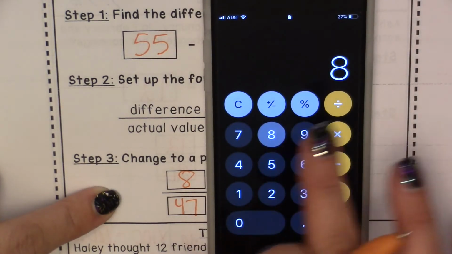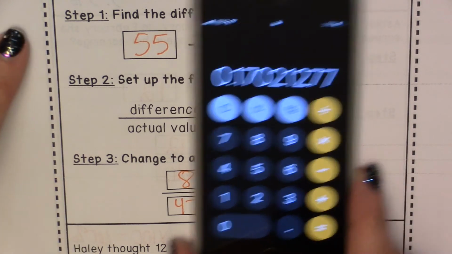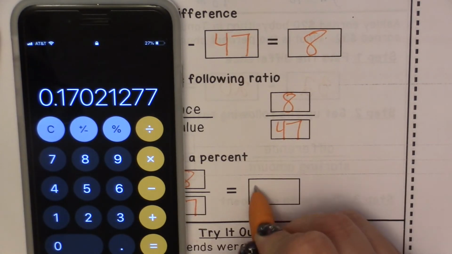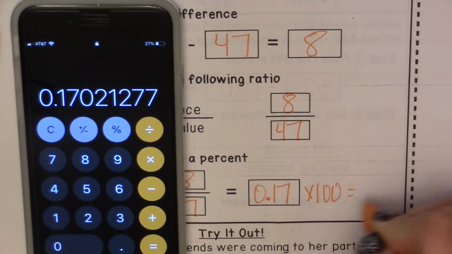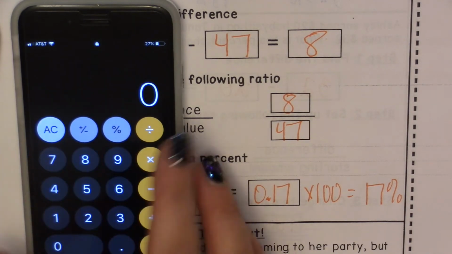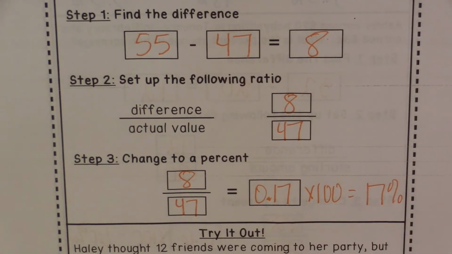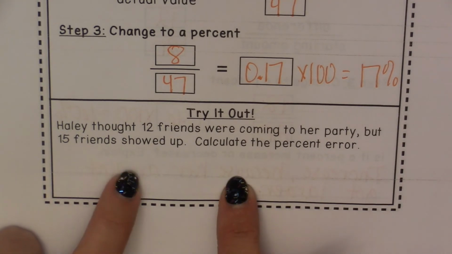So we're going to do 8 divided by 47, and let's round that. We'll say 0.17. We're going to times that by 100 and get 17%. So teachers, if you'll pause the video and give the students a few minutes to try it out, and then you can play and we'll go over this question together.